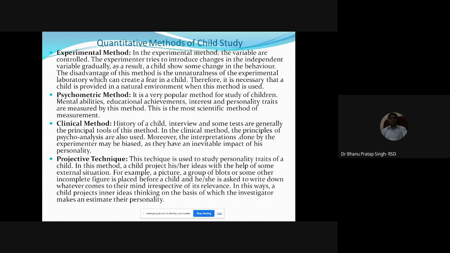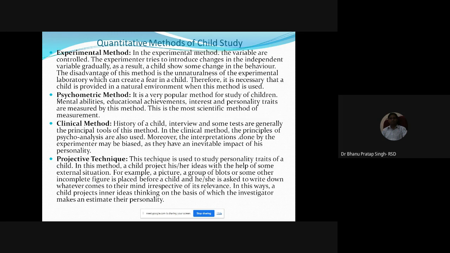The next is quantitative methods. One is the experimental method. What is the experimental method? In the experimental method, the variables are controlled.